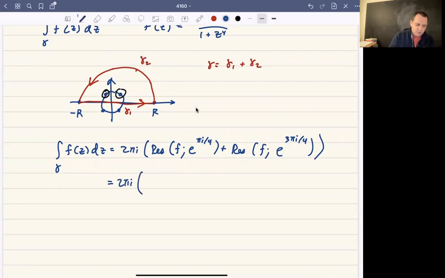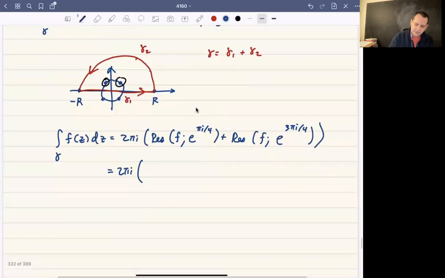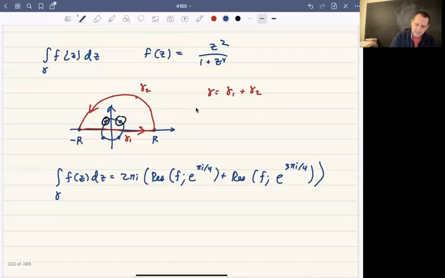So the residue of f at e to the pi I over 4 is just going to be a simple pole. And so what that means is we're going to be looking at, again, lots of ways to do this, but I think the easiest is we're going to look at the limit.